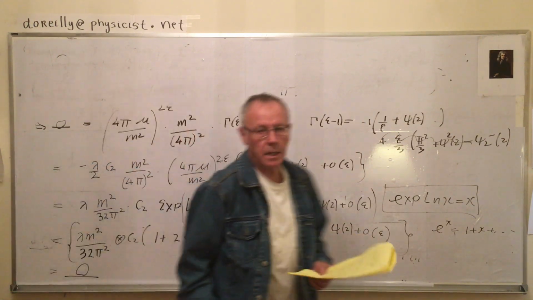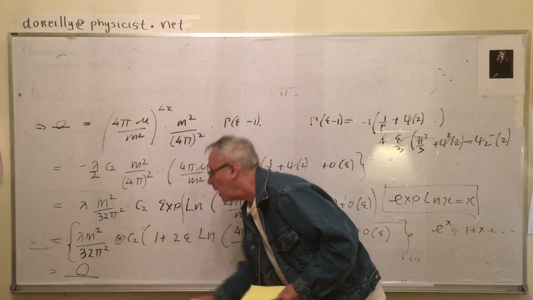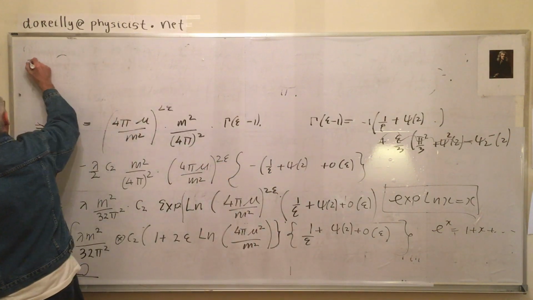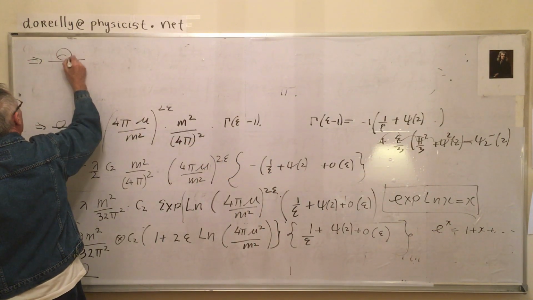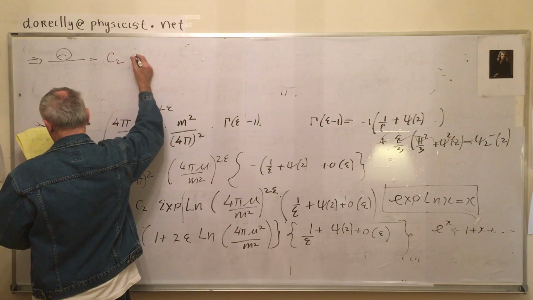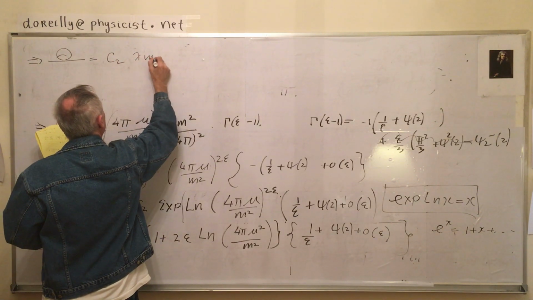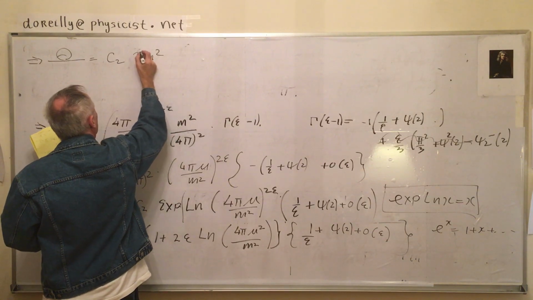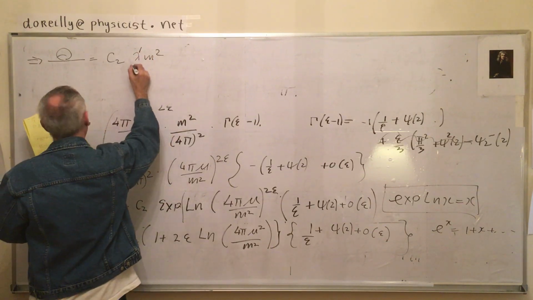Once again, we're calculating this loop diagram. Now don't forget, this is the lambda dash all the time.